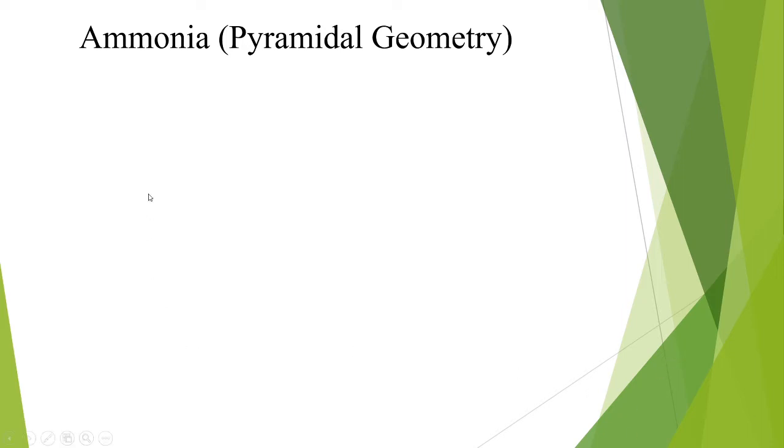So first let's start with ammonia. As you all know, ammonia has a pyramidal geometry. When you are asked to write down the symmetry elements of ammonia, if it is a 2 mark question, you just need to write down the symmetry elements.